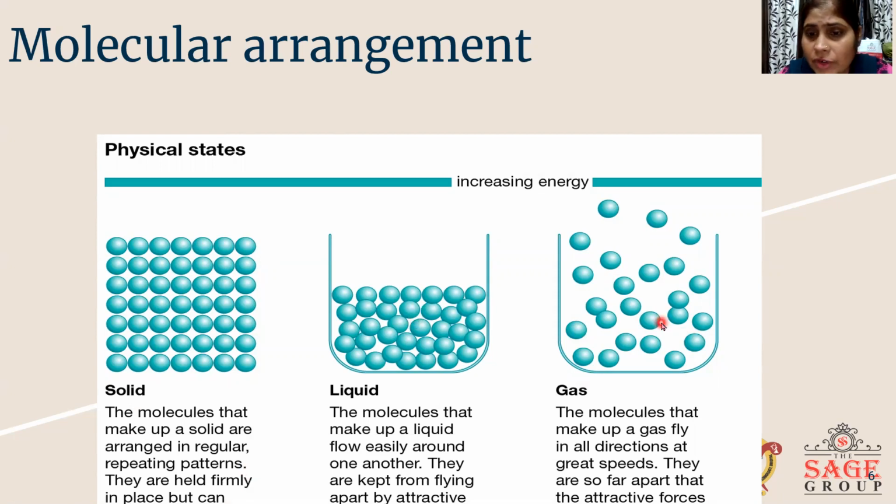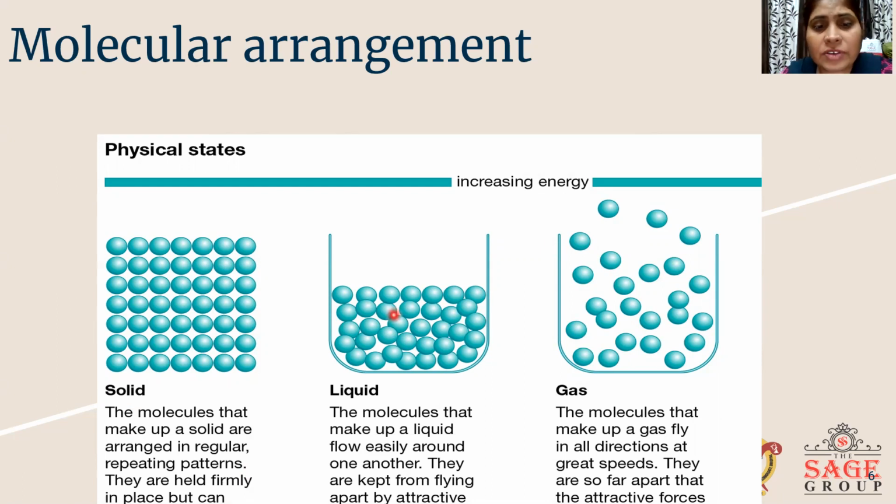Whereas in gas, the molecules are very loosely coupled, and they can move here and there, aligning in any direction. The molecules that make up a gas fly in all directions at great speeds. In a liquid, the molecules flow easily around one another.